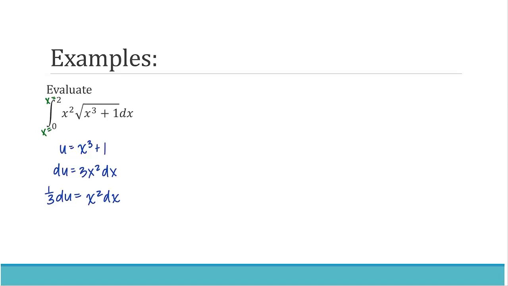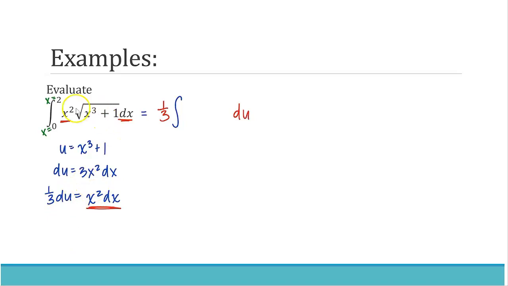So what's going on now with my integrand is that the x squared dx part is going to get replaced with 1/3 du. And I'm going to go ahead and keep that 1/3 in the front, and I'm going to put the du in the back.